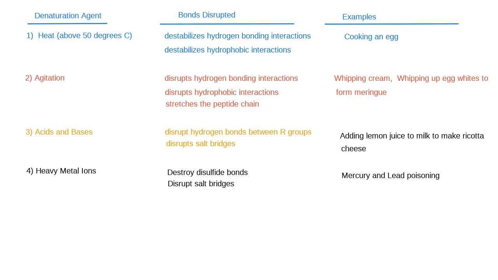Ricotta cheese is a very simple cheese to make. It basically is just adding an acid to the milk and letting it curdle out. Make ricotta cheese, adding lemon juice to milk. It denatures the proteins and causes them to curdle out.